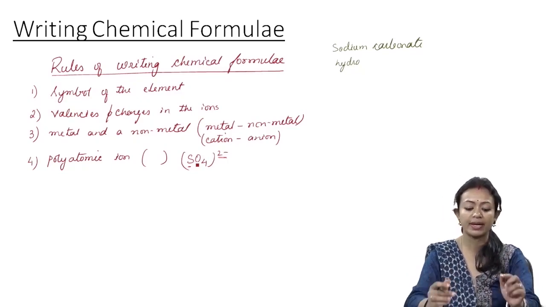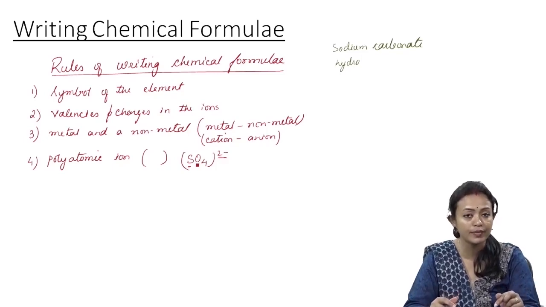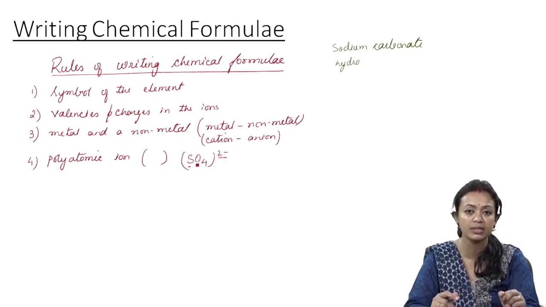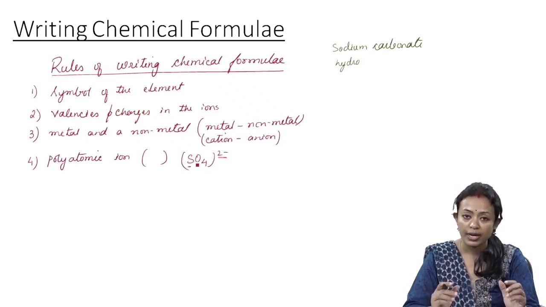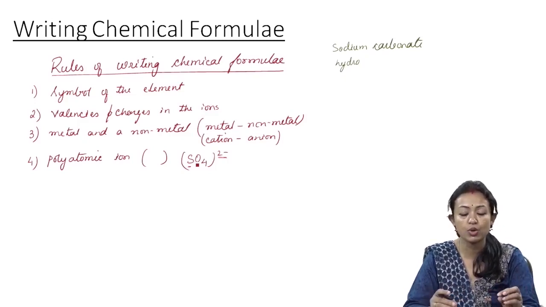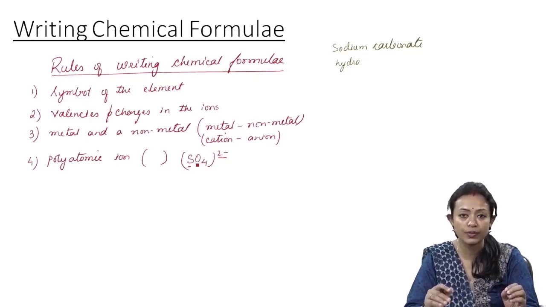So I repeat, when you are writing, you need to know the symbol of the element. We write down the symbols of the elements always in the form of symbolic representation. The valencies should be known. We need to write down the valencies or charge of the ion. If it is a chemical formula between a metal and a non-metal, then we would always name the metal first and then the non-metal, and change the name of the non-metal accordingly by adding IDE.